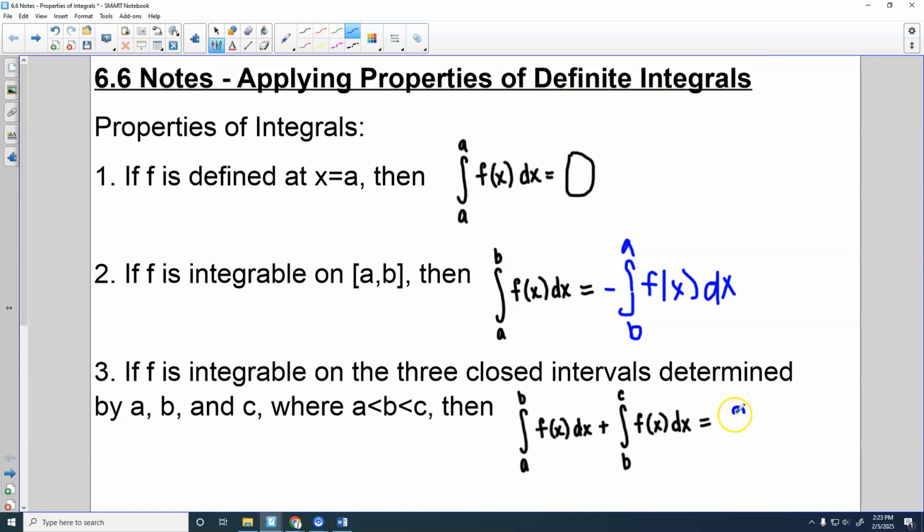Integral from a to c of f of x dx. And think about what it means. This is the area under the curve from a to b. Then the area under the curve from b to c. Makes sense that if you add those together, that's just all the way from a to c, right?